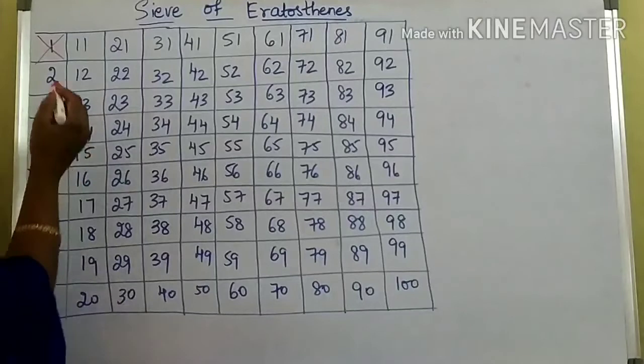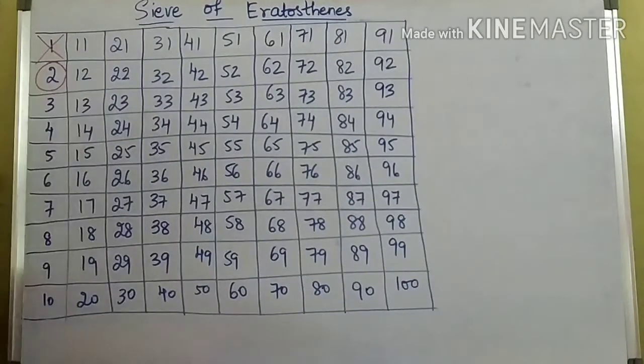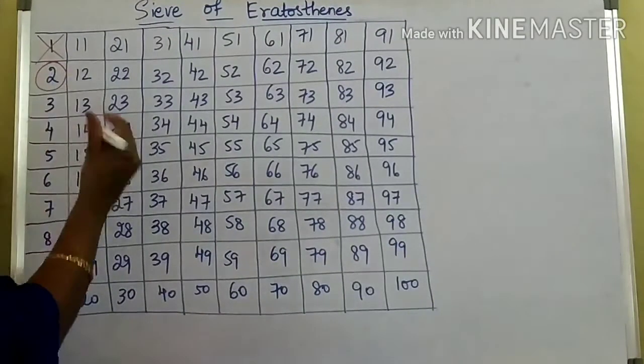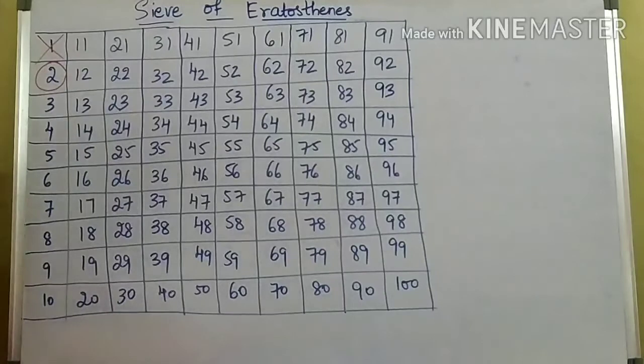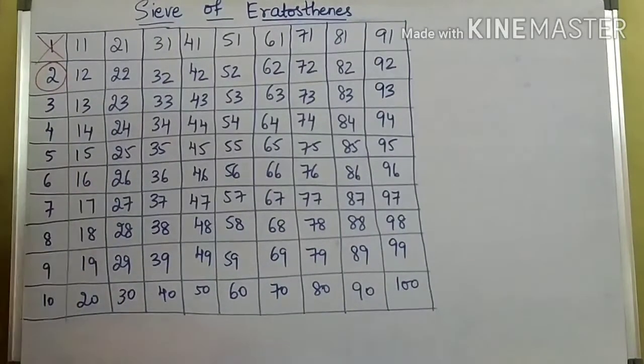Now the next prime number you know is 2. Encircle this 2 and cross out all other multiples of 2. You know multiples of 2, that is 2, 4, 6, 8, all even numbers, are multiples of 2.